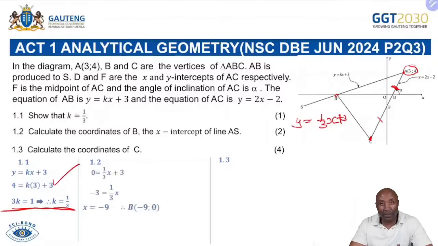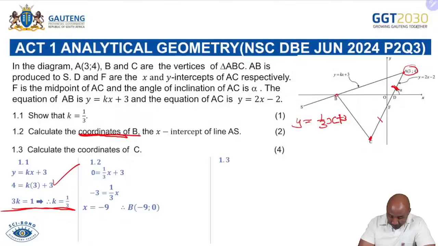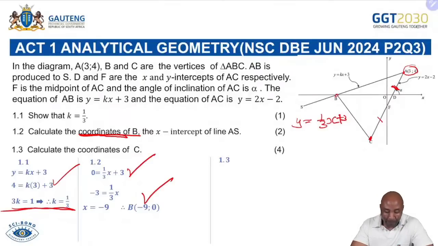The question was specific, the coordinates of B. So you must make sure that your x-intercept, you write it in coordinate form, because the key thing there is coordinates of B. So -9 and 0, and for the method, you get your 2 marks there.